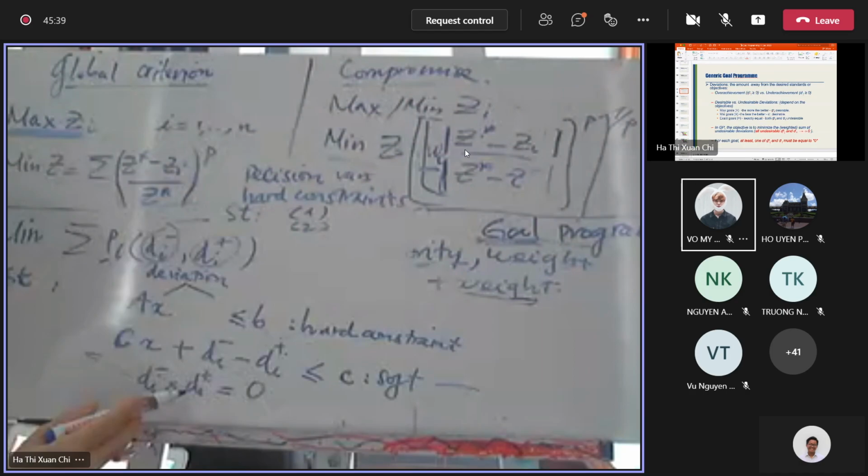So D1 minus and D1 plus can be equal to 0, or just one of them, D1 plus equal to 0, or D1 minus equal to 0.